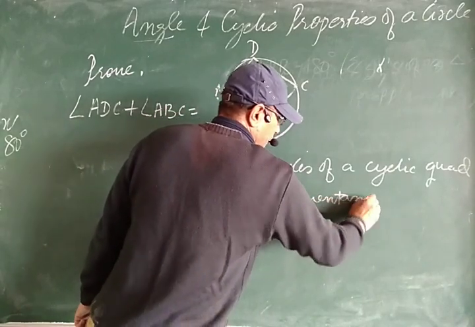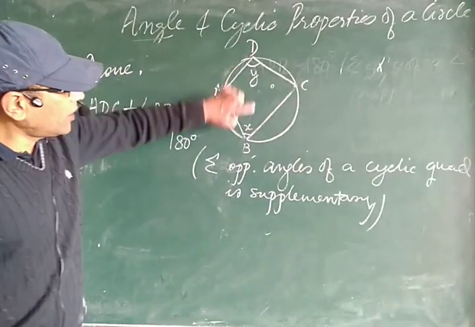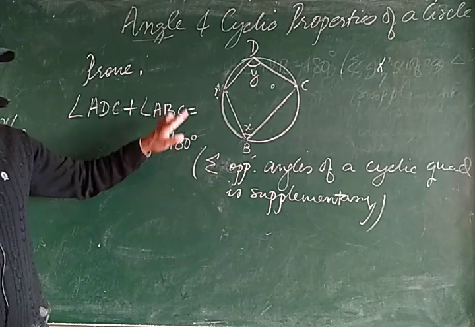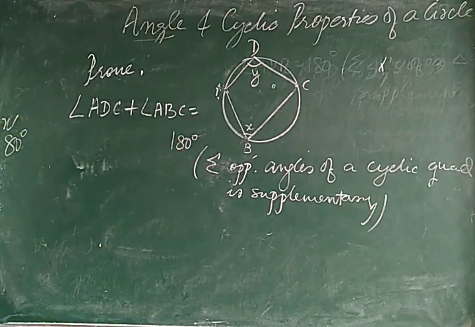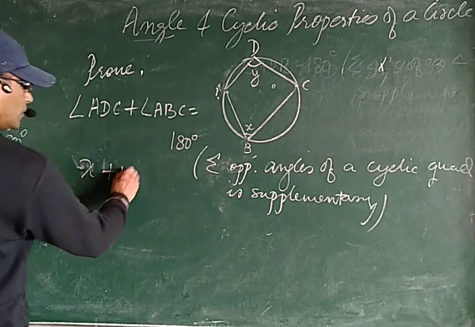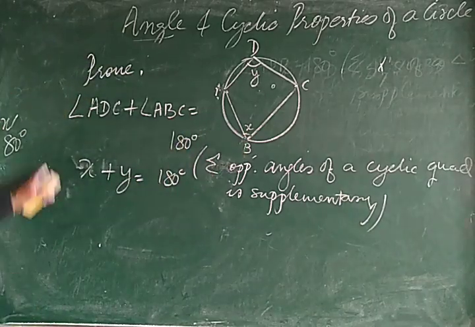So we have the theorem. According to the theorem, the opposite angles of a cyclic quadrilateral will always add up to 180 degrees, or are supplementary. So we can write x plus y is equal to 180 degrees, because we already got the value of x as 80 degrees.